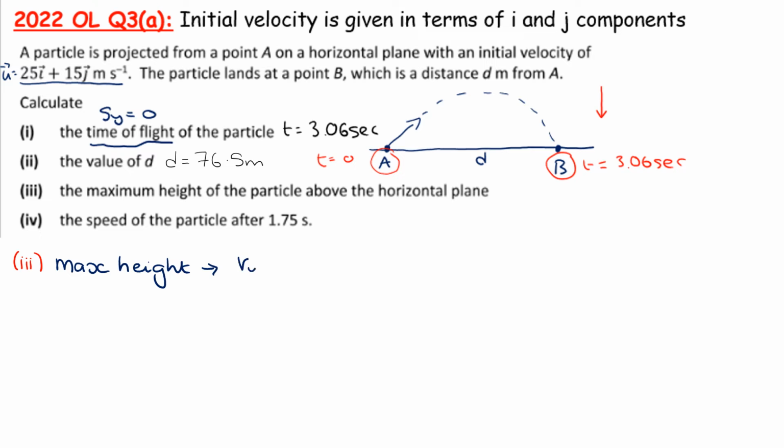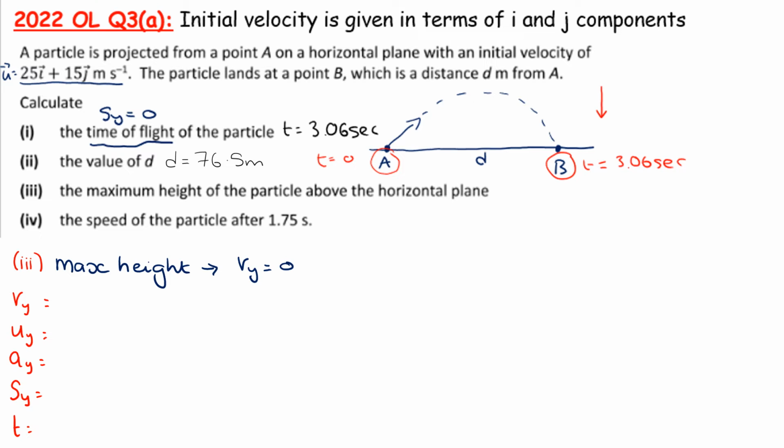So that's where Vy is going to equal 0. So let's work in our y direction: v, u, a, s and t. The reason I'm writing these out again is because we're no longer working with the full projectile path, we're now only working towards that max height.